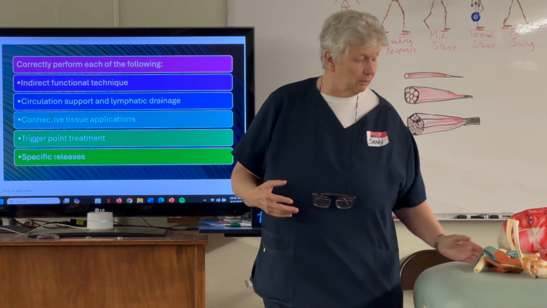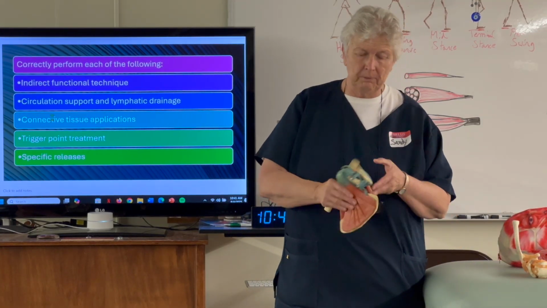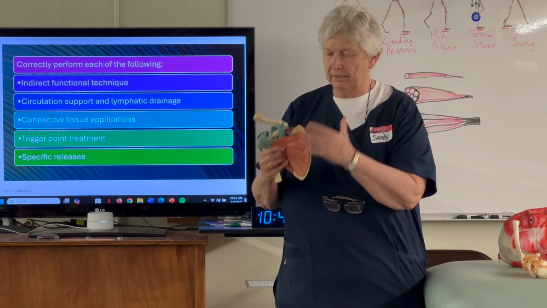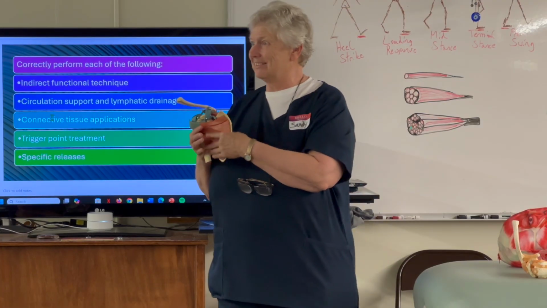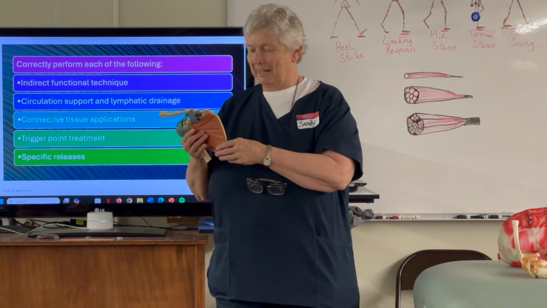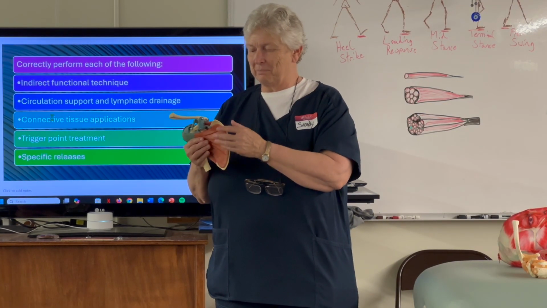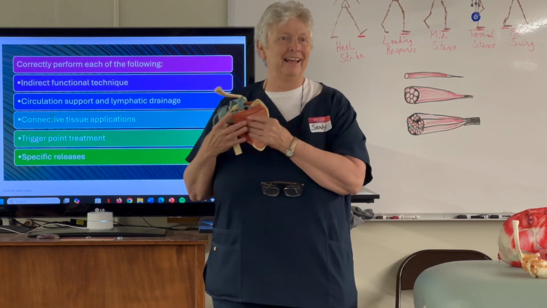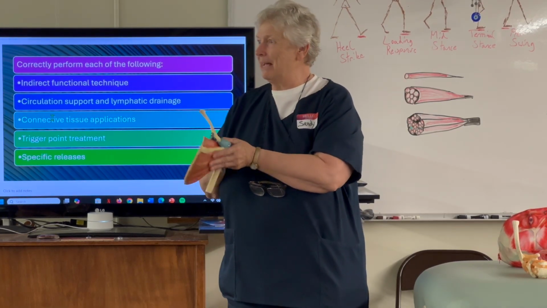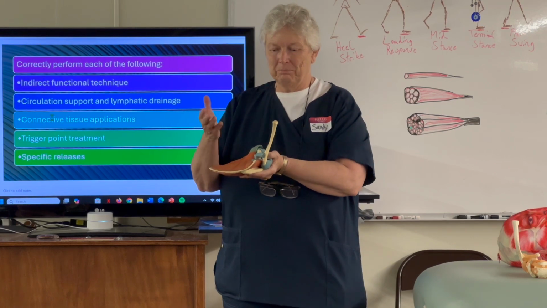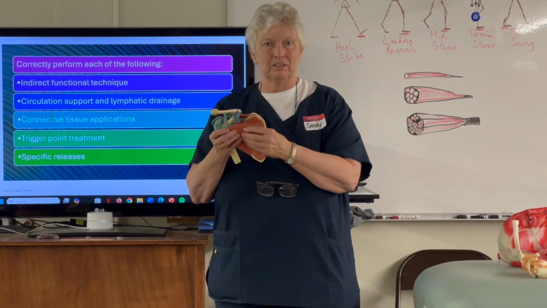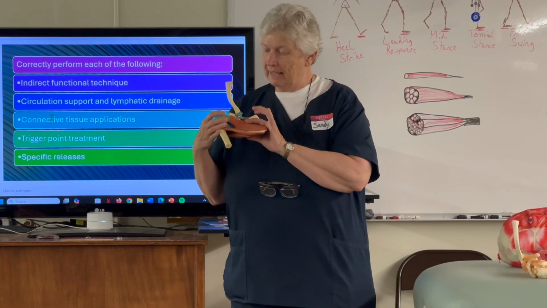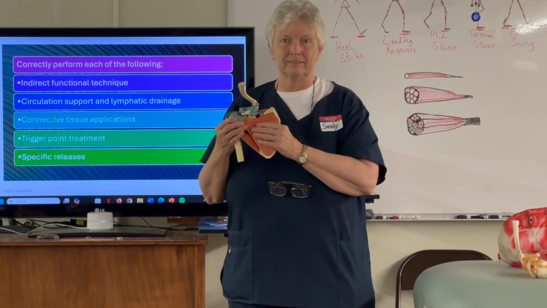So the one that we're going to work with today, and we're going to work around the clavicle, is subscapularis. I mean, how do you get to this stuff in here without causing a tremendous amount of agony? How do you bounce between this group of muscles and this group of muscles? So that's where these specific releases come in.